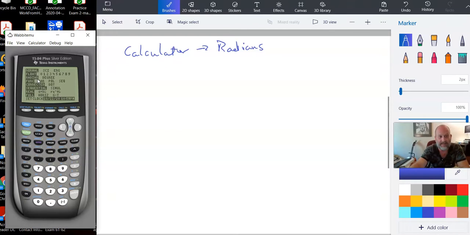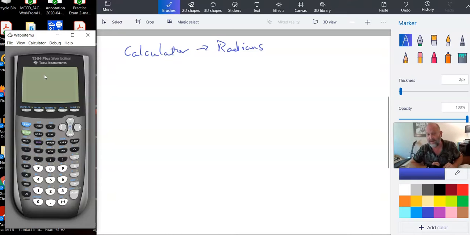And once you've selected it, the setting is changed. You don't have to worry about anything else. All you need to do from there is to clear it, or second function quit, so you can go back to the main screen. It's already changed. You don't have to hit save or anything like that.